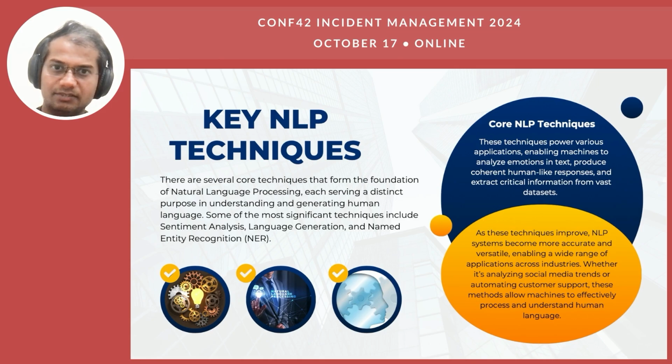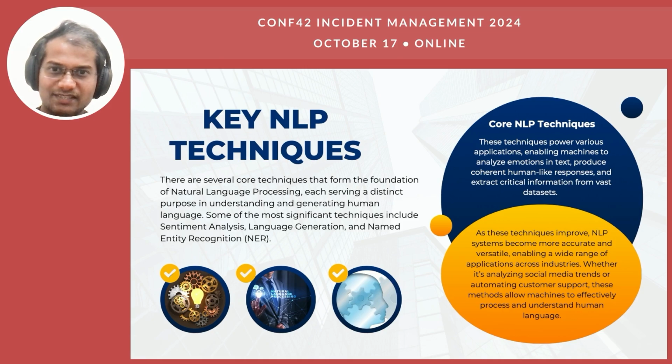Advanced models such as GPT-3 and GPT-4 are capable of generating contextually relevant responses, making them useful for applications like chatbots, content creation, and even creative writing. Lastly, named entity recognition, or NER, identifies and categorizes specific entities such as names, locations, and dates within a text. This technique is essential for tasks like information extraction and advanced search engine responses.